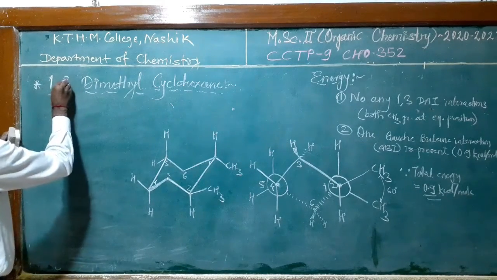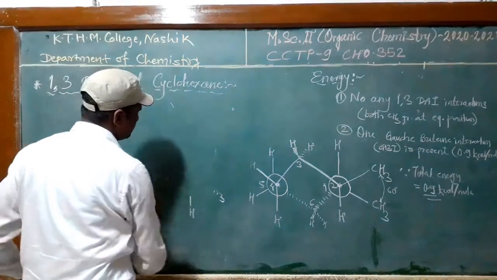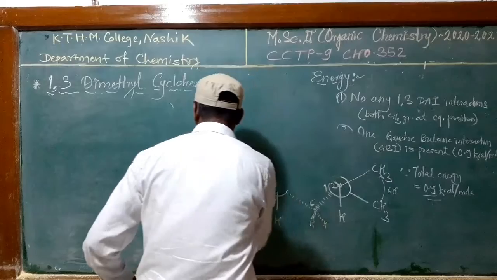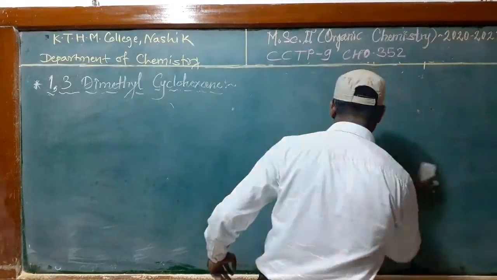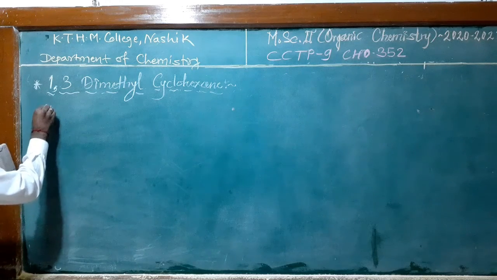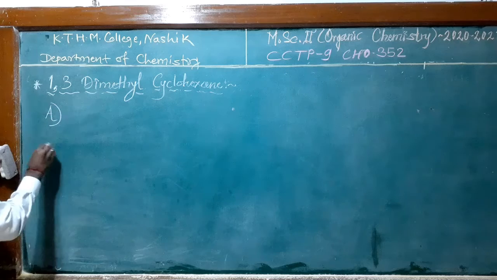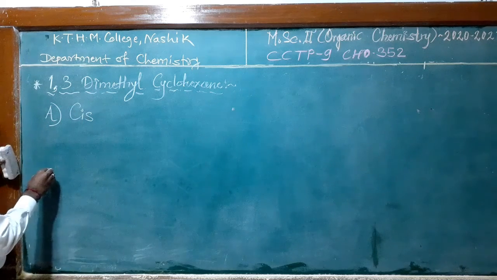And now let us consider the next type of compound, that is 1,3-dimethyl cyclohexane. This 1,3-dimethyl cyclohexane again has two main conformations, that is cis and trans.